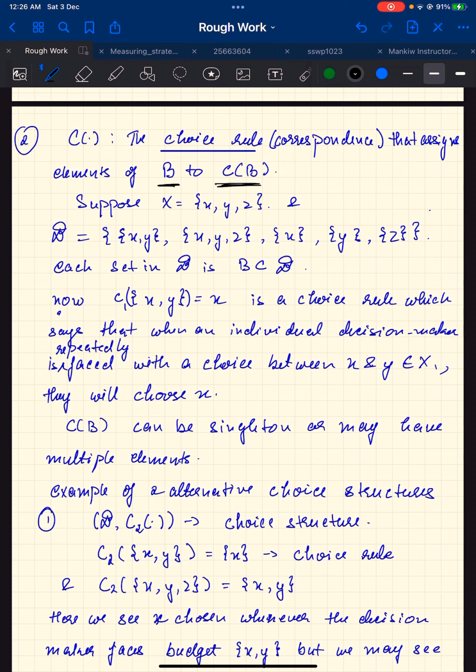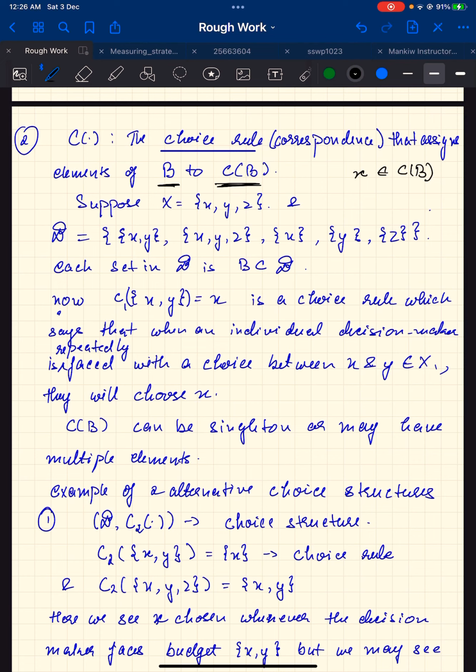So, if we are saying that some element x belongs to the choice set of B, what we're essentially saying is that if an individual decision maker is repeatedly faced with choices between x and y from capital X, they choose x.